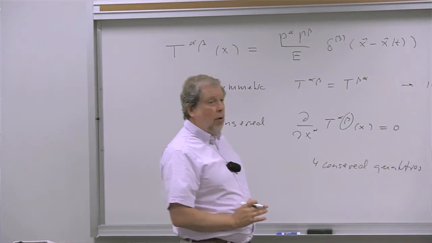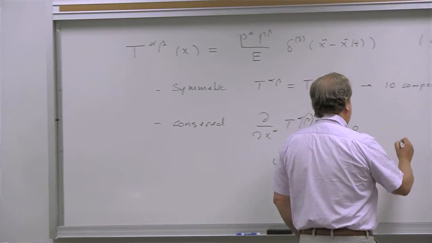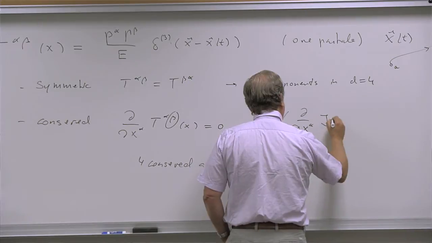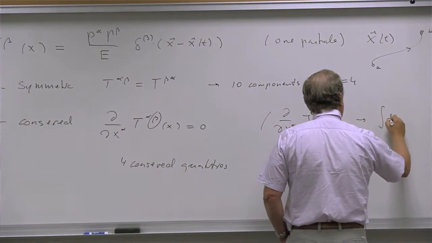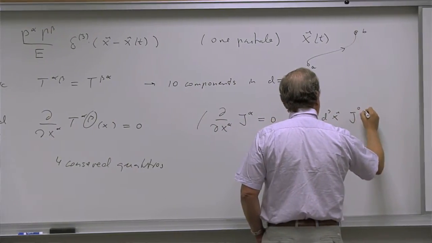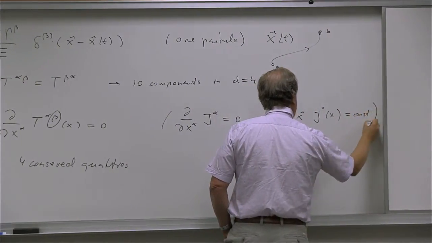So there's 4 conserved quantities, which contrasts with electromagnetism, right, by the way, because in electromagnetism you have d by dx alpha, J alpha is equal to 0, and then the conserved quantity is the J naught. Right?